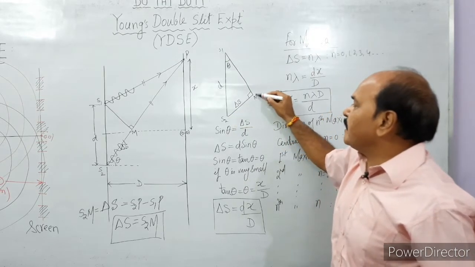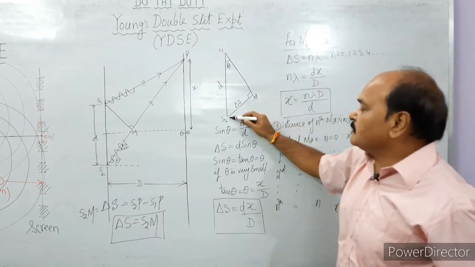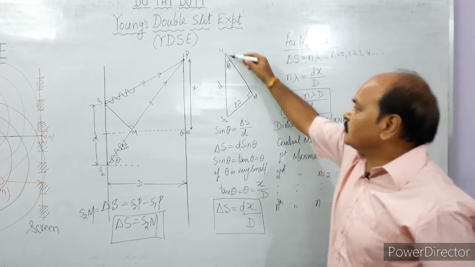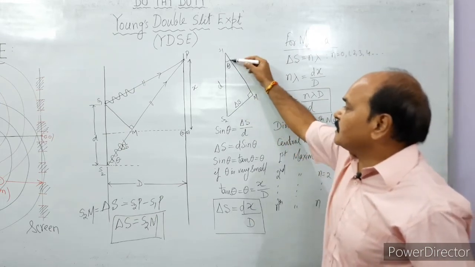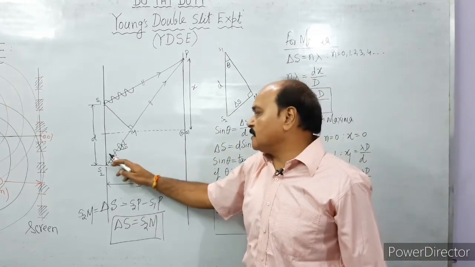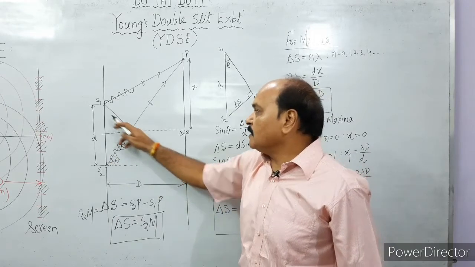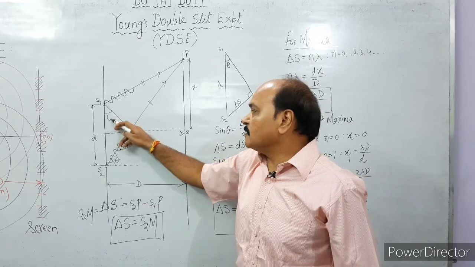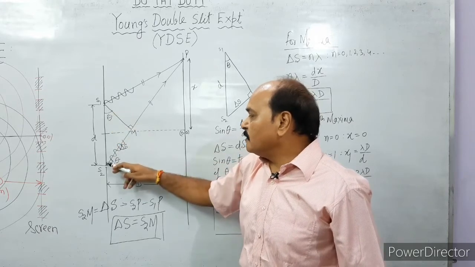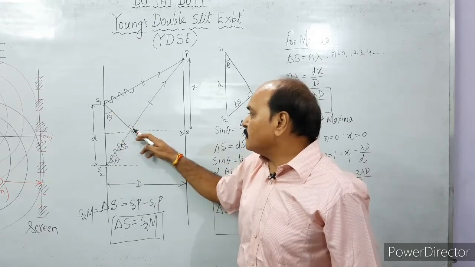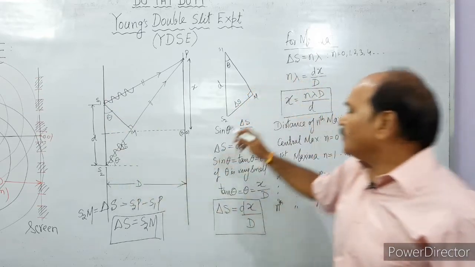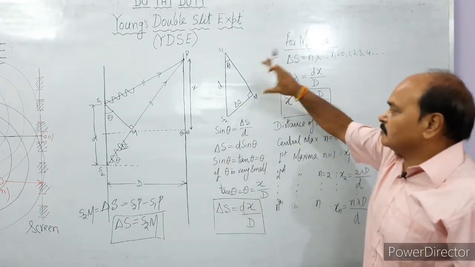This point is M, this is the normal. This distance is delta S, this distance is small d, and this angle is theta. See, this angle is theta, this angle is going to be 90 minus theta. This angle is already 90, that means this angle is going to be theta. So we have copied this right angle triangle from here and pasted it here.